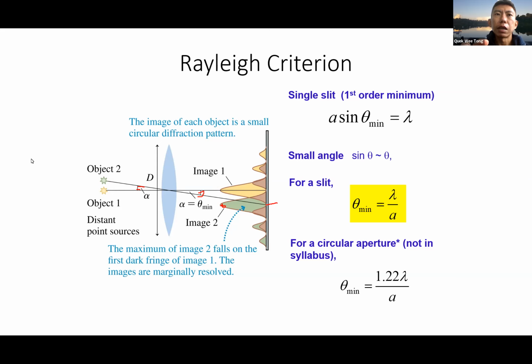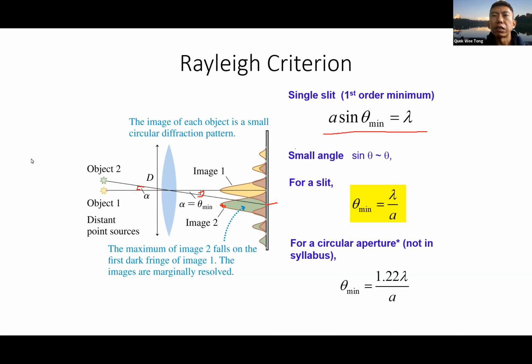Further than that is fine, smaller than that cannot. So that is the condition for two images to be resolved, and hence the angular separation that can exist will be given by this formula, and this is the minimum theta.